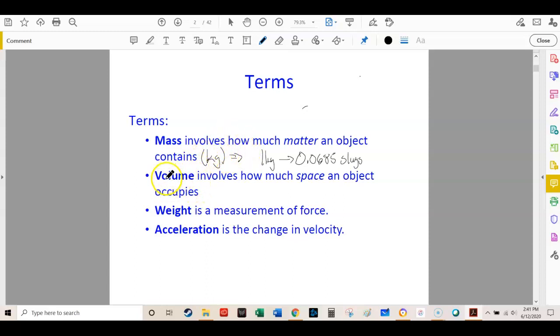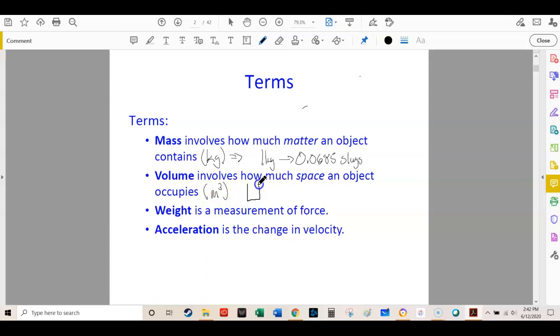So volume is just basically how much space an object occupies, and that unit of measurement is typically cubic meters, meters cubed. For example, in kilograms you have grams, you have centigrams, but typically everything is measured in reference to kilograms. With volume, it's a measurement of space, which actually is a measurement of distance, and this is a three-dimensional distance.